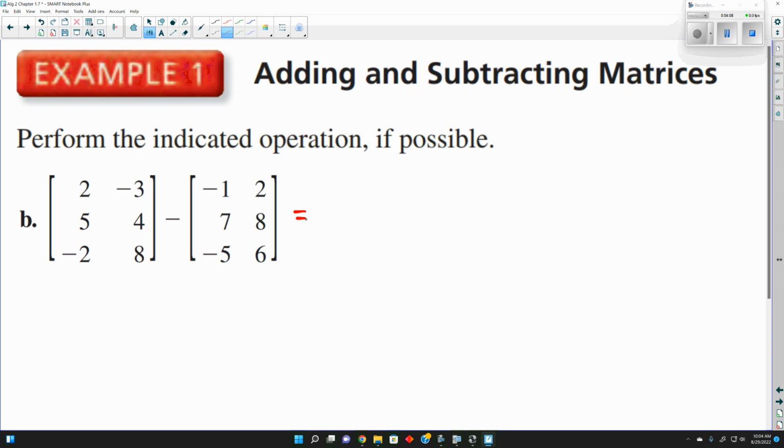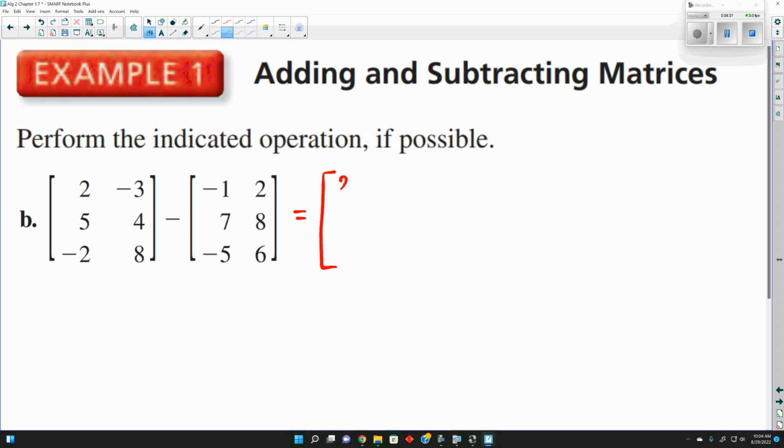Same thing is true with subtraction, but instead of adding, we're going to subtract. So are these two matrices the exact same? Almost. The first one is a 3 by 2 and the second one is a 3 by 2. So they are the same, so we can subtract.